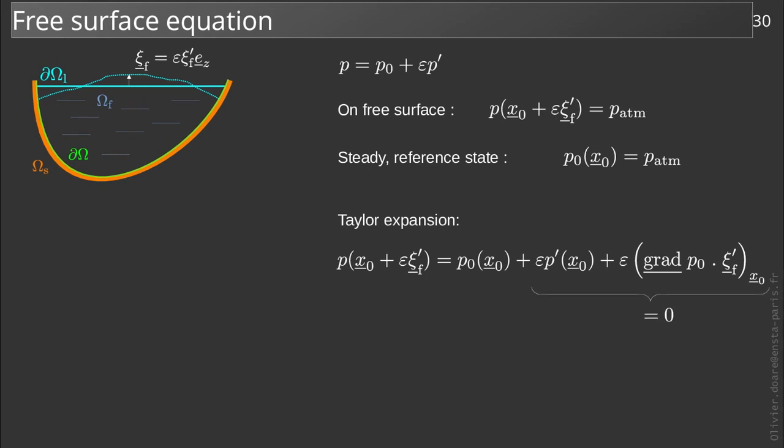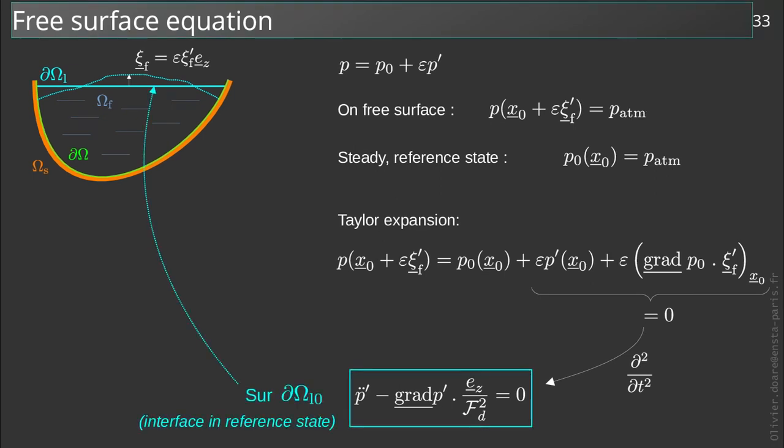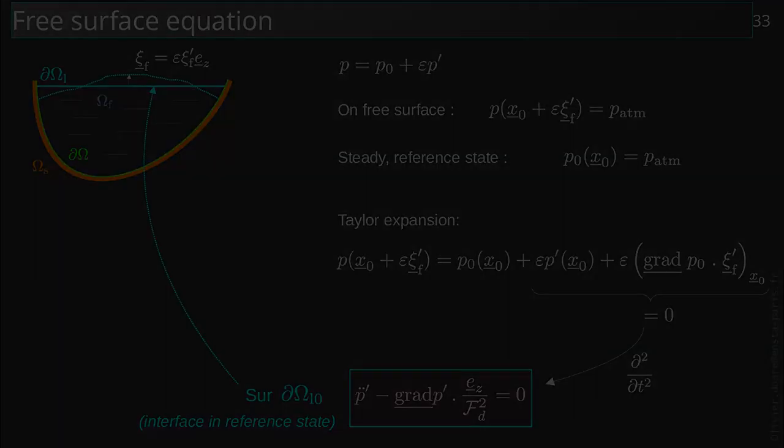Since the term of order 0 is necessarily equal to the atmospheric pressure, the two following terms must compensate each other. By deriving this twice with respect to time, we obtain the equation which describes the dynamics of the free surface. It should be noted here that this equation is evaluated on the unperturbed free surface, which can be written as d omega naught L.